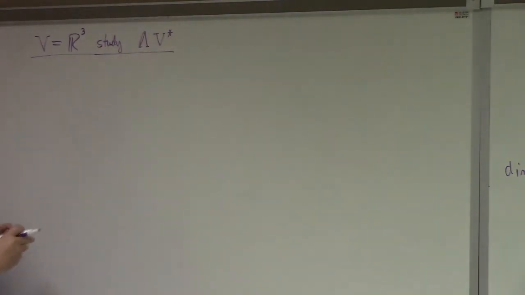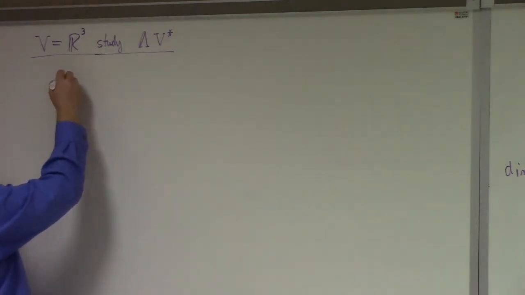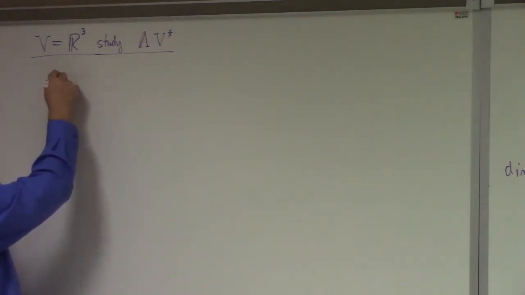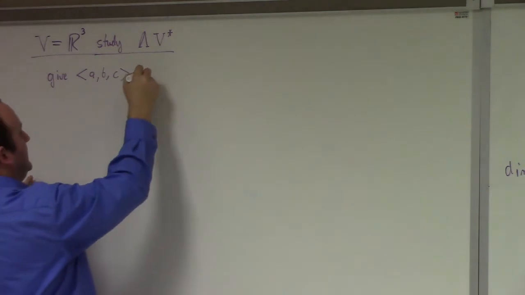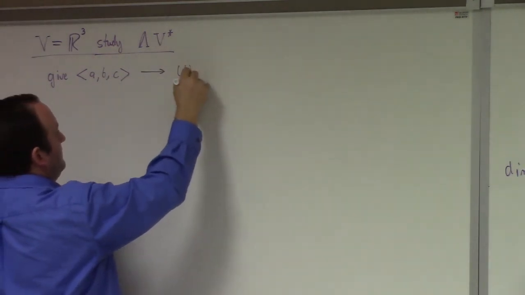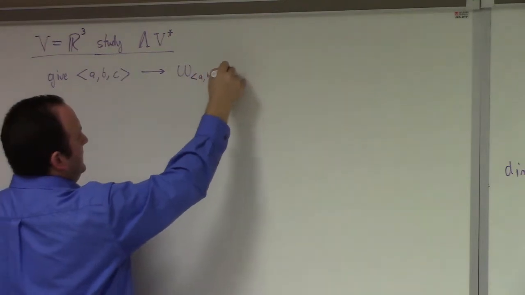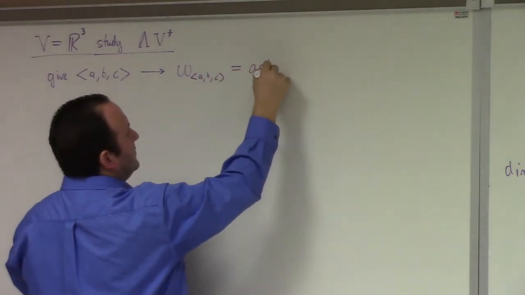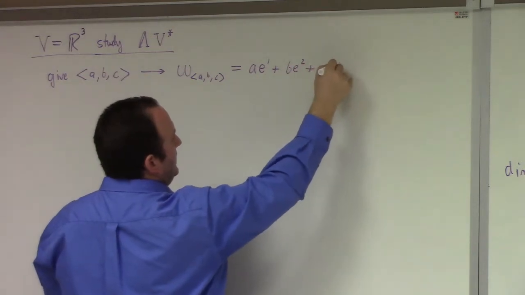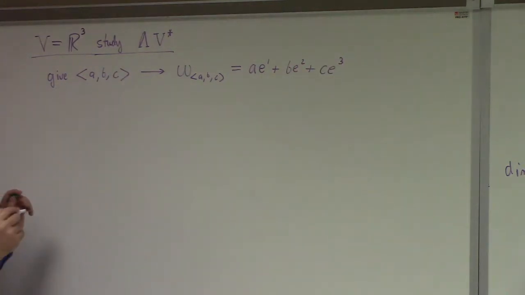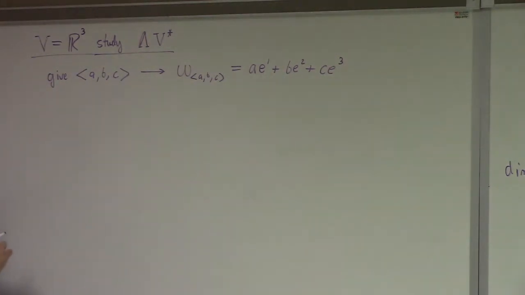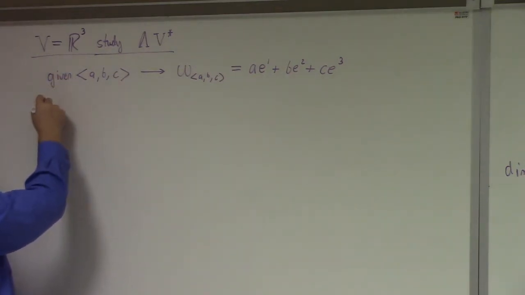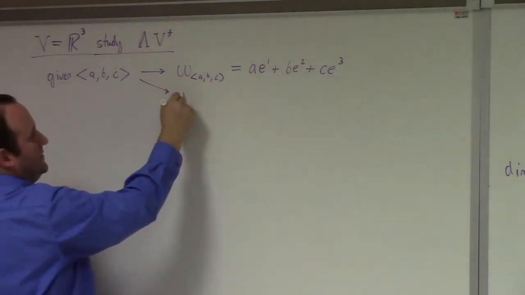So there are 2 fundamental maps. The one is that if you give me a vector, say ABC, then the 1 form associated with ABC is equal to A E1 plus B E2 plus C E3. Likewise, we can define the so-called flux form.